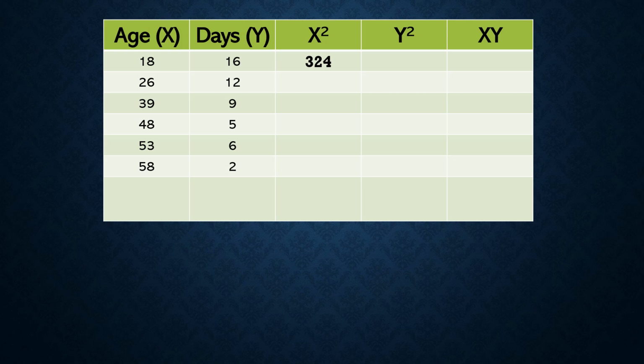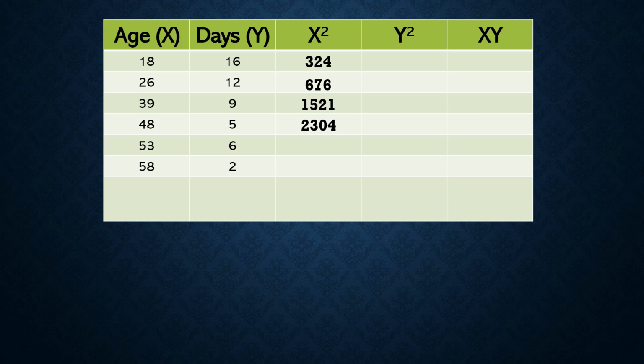The next value for x is 26. So 26 times 26 is equal to 676. Next is 39. 39 times 39 is equal to 1521. Next is 48. 48 times 48 is equal to 2304.